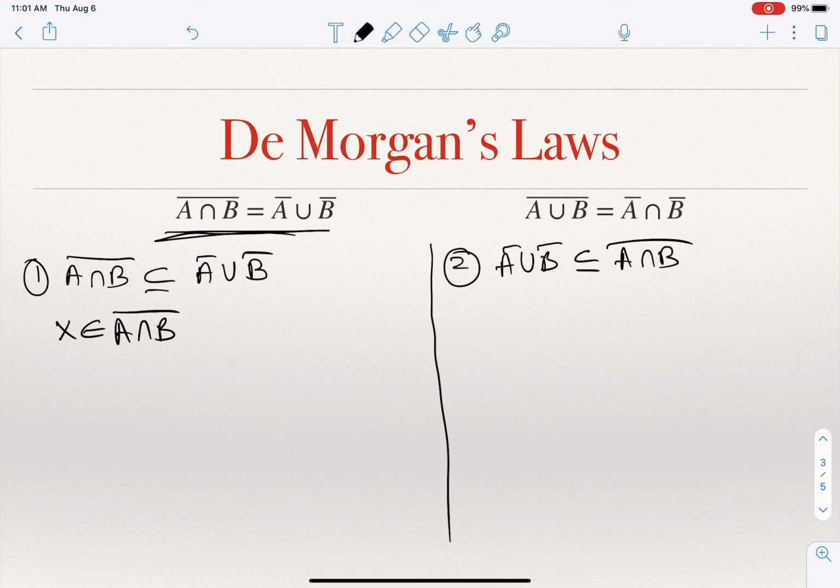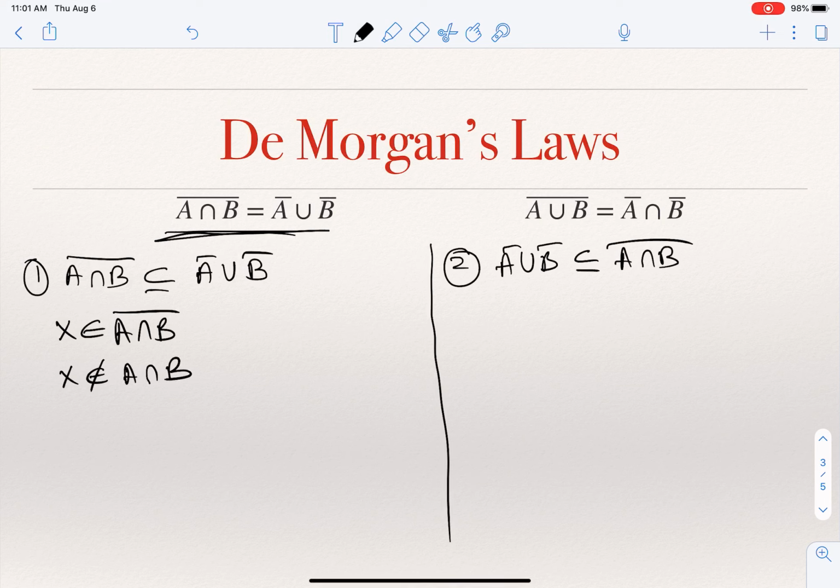We need to show that x must be in the union of the complements of A and B. If x is in the complement of A intersection B, then by definition of the complement, x is not in A intersection B.